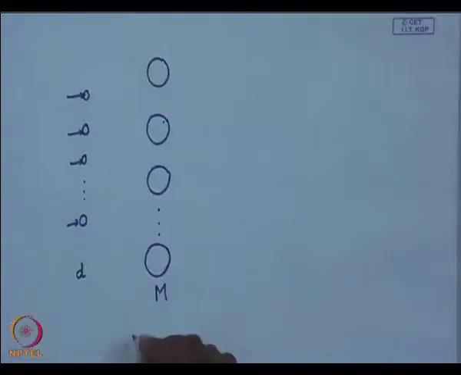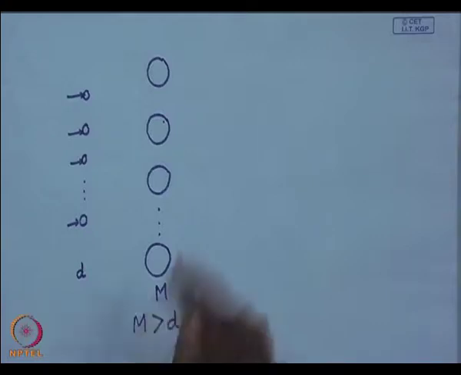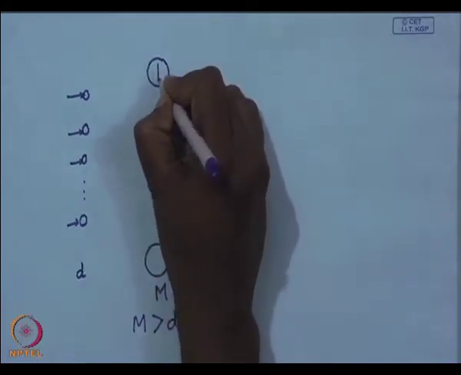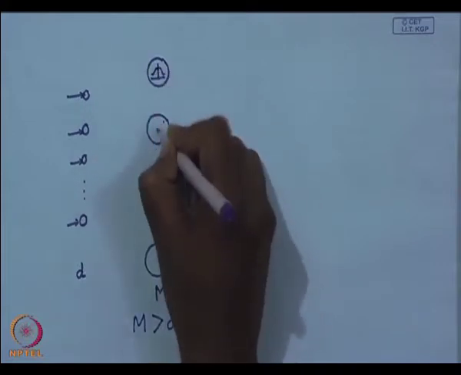So, as I have M nodes in the middle layer, obviously M, the number of nodes in the hidden layer, is greater than the dimensionality of the feature vector, which is d. And as we said, every node in the hidden layer computes a radial basis function.